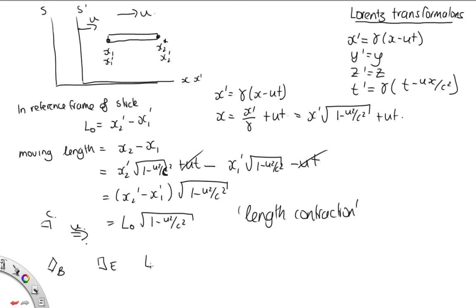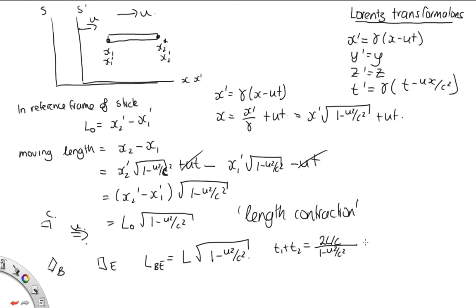So L in BE is actually going to be L times the square root of 1 minus u squared on c squared. So this is going to affect our equation for T1 plus T2, because we had T1 plus T2 equal to 2L on c over 1 minus u squared on c squared, but this L should actually be replaced with this.